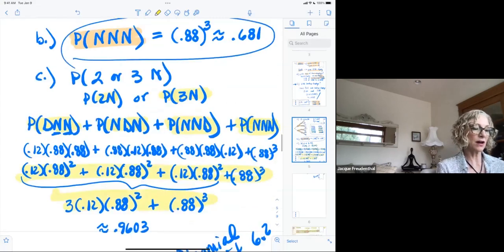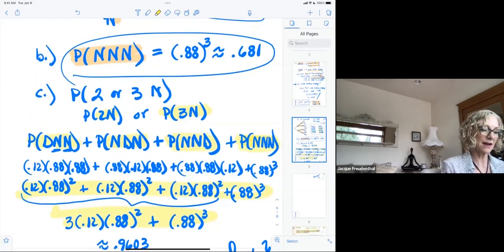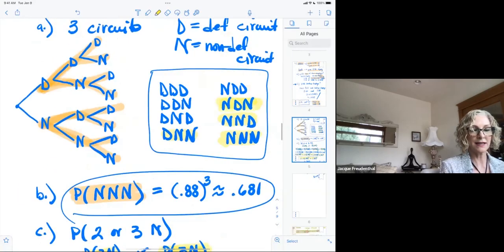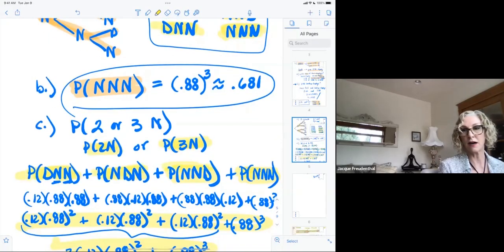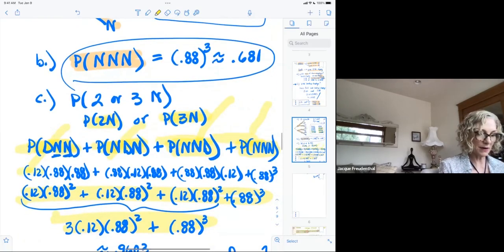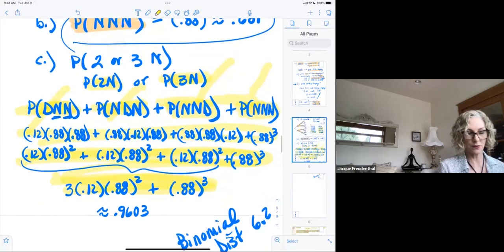So these are all the ways that we can have 2 not defective or 3 not defective. We highlighted them up here, so I have to consider all of those options, the probability of each of these options. Then I calculate the probability of each, add them all together, and I'm just writing them in a more efficient way and getting my answer.